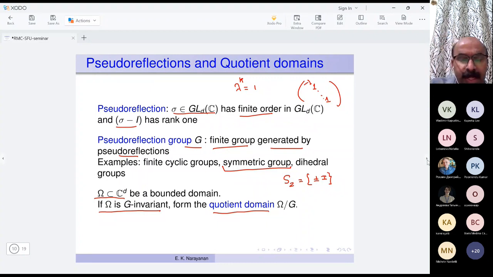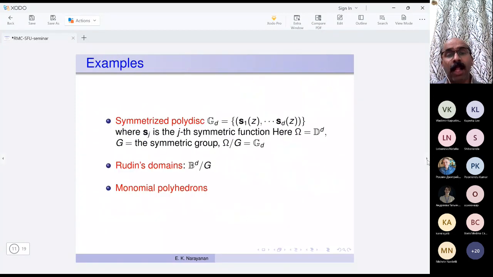Okay, so let's see if there are examples to talk about. Yeah. So the prominent example is the symmetrized polydisk. Let me say what the symmetrized bidisk is, since that is the easier thing to explain. You look at the bidisk and symmetrize it.